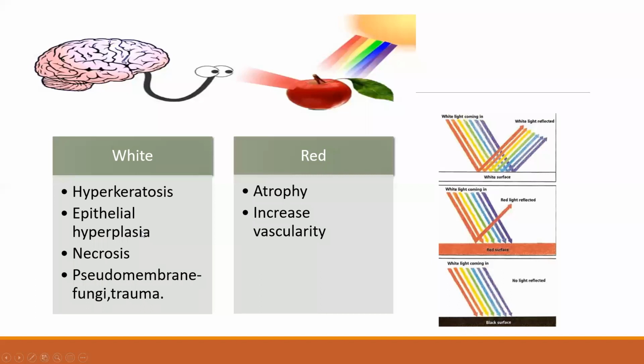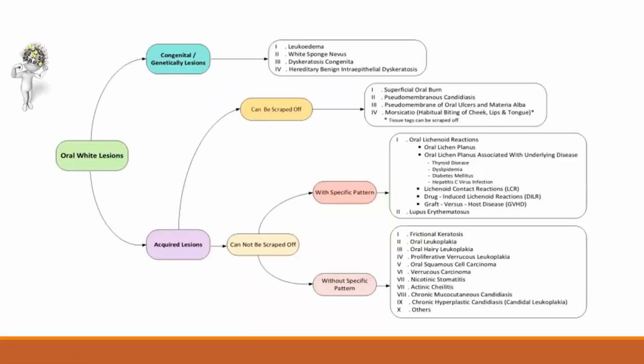Others are epithelial hyperplasia, necrosis, or pseudomembrane, which can be caused by trauma or fungal infection. Whereas the red lesion is because of atrophy, meaning thinning of the epithelium, and also because of increased vascularity. For this reason, it reflects the red wavelength of light, and hence we see it as a red lesion.